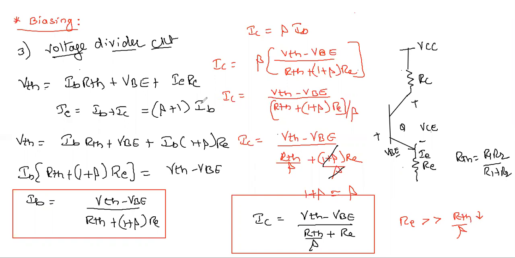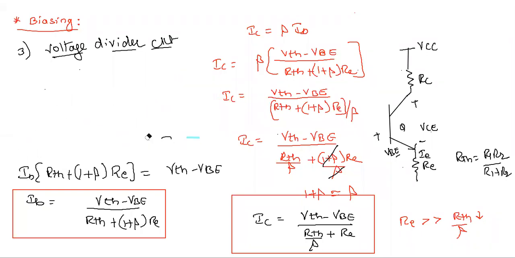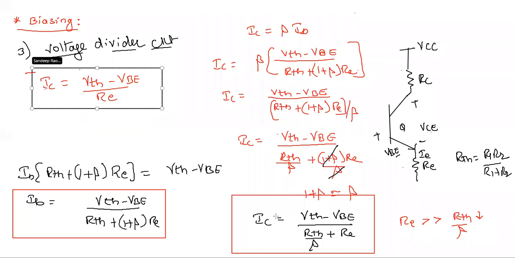If I neglect that, we can make IC independent of beta. So finally IC is given by VTH minus VBE divided by RE.